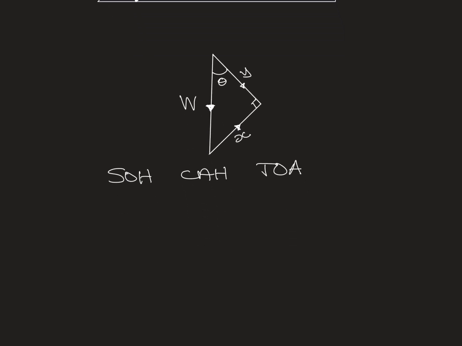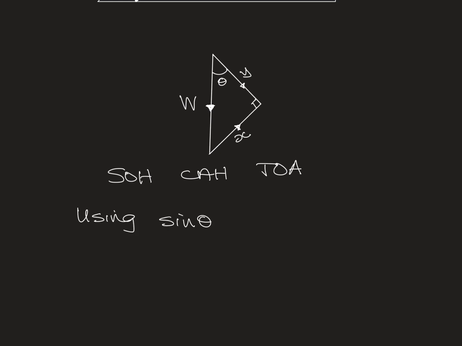If you are using sine theta, it is opposite over hypotenuse. If you are using cos theta, it is adjacent over hypotenuse. If you are using tan theta, it is opposite over adjacent. So if this is the location of the angle, the opposite is here, the adjacent is here, and the hypotenuse is here.